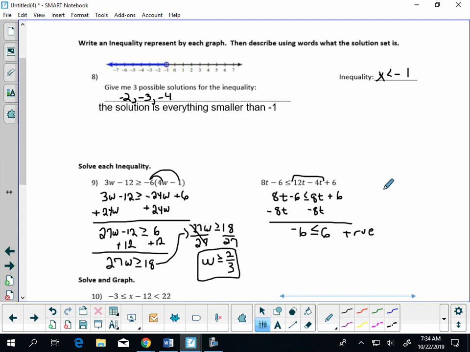That is a true statement. So, infinitely many solutions, or you could put all solutions. Either one of those is fine, because no matter what I put in for t, it's going to be true.